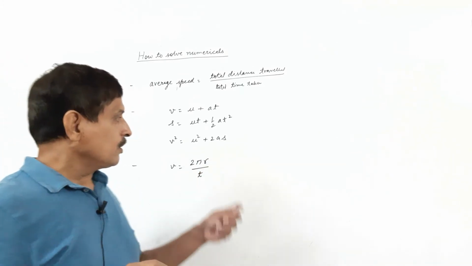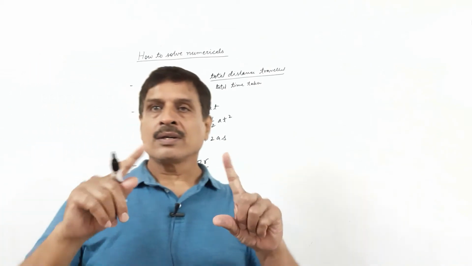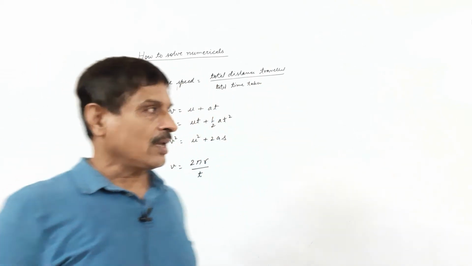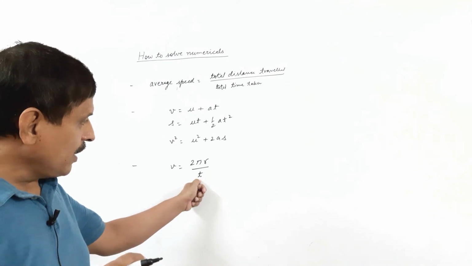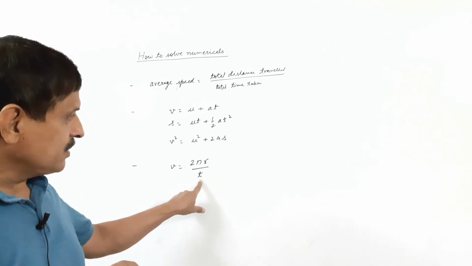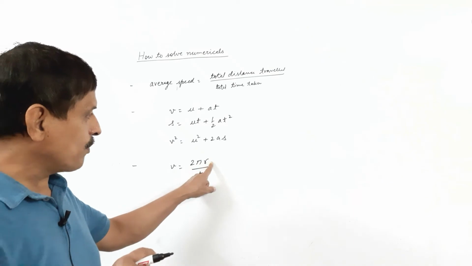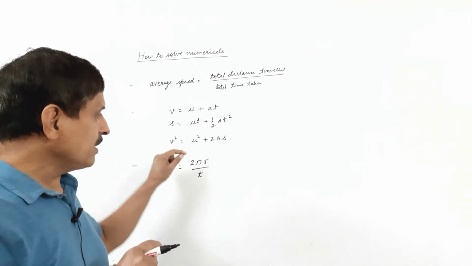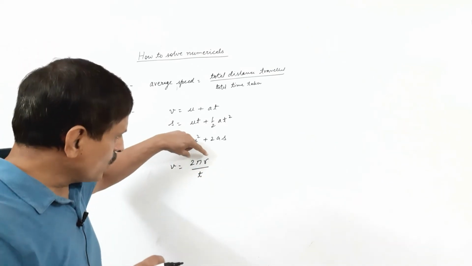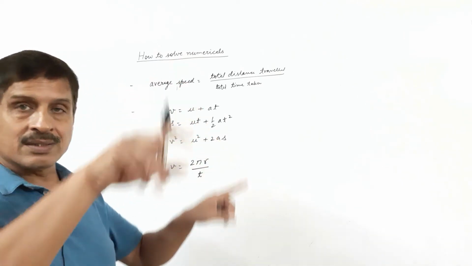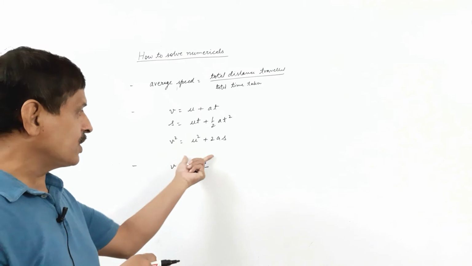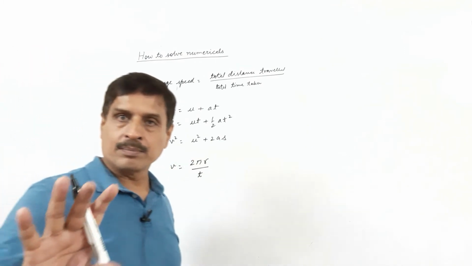If one complete round is in t time, and radius of the circular path is r, then total distance in time t is 2 pi r, which is equal to the circumference of the circle, and velocity is equal to distance upon time.